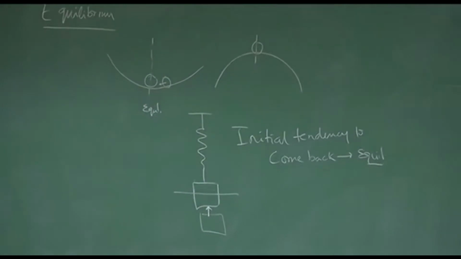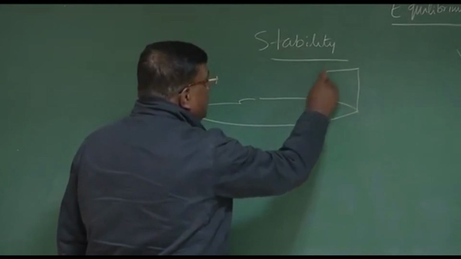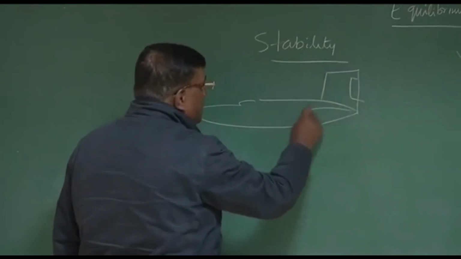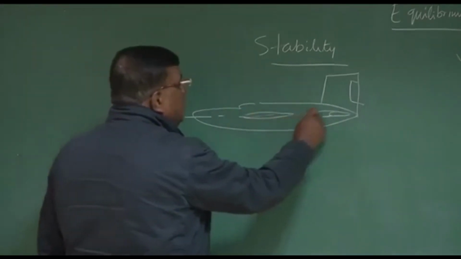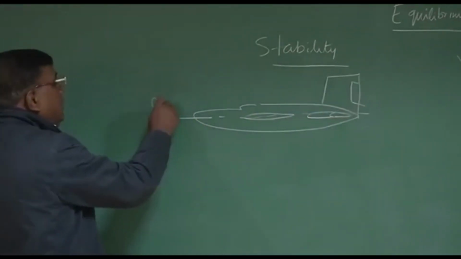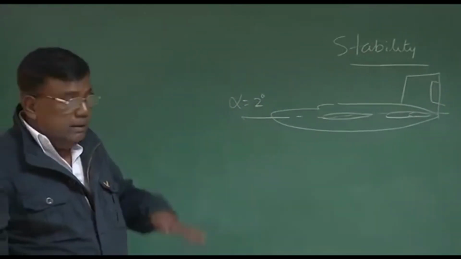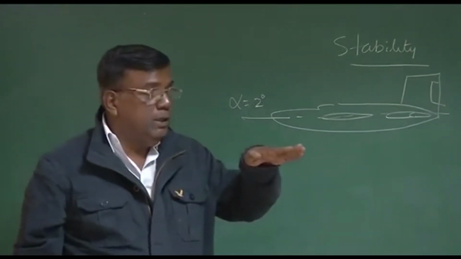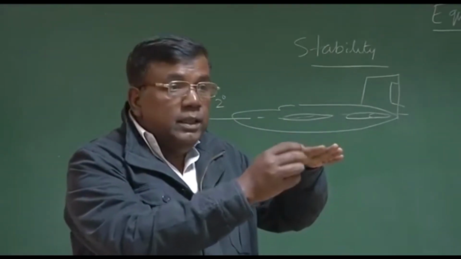Now for aircraft, this is the aircraft. If say this aircraft is flying at alpha equal to 2 degrees, what do you mean by static stability? Suppose it is flying at an angle of 2 degrees, and because of some upward gust, the angle of attack is increased.